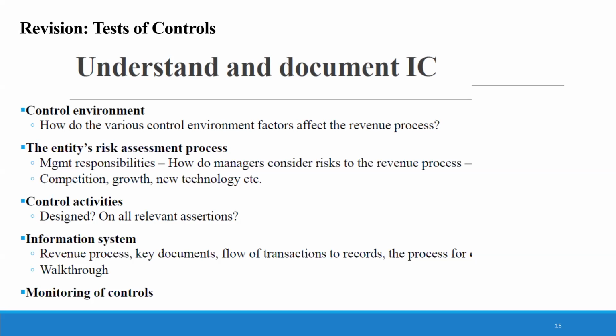So in this audit, for the sales cycle, our preliminary conclusion was that the control system on the sales is okay, it's reasonable. Then when we look at the risk assessment procedures, we look at the management responsibility and the management incentives.